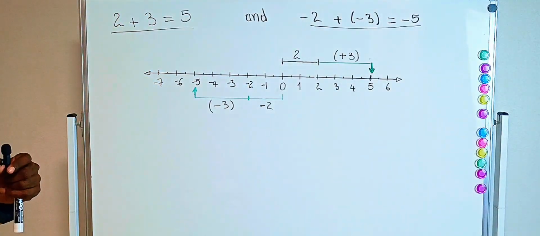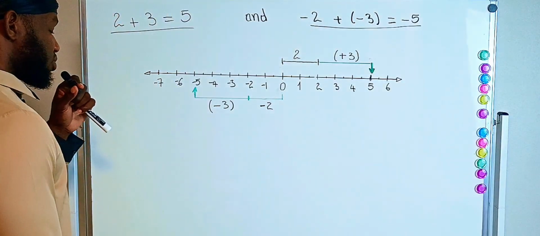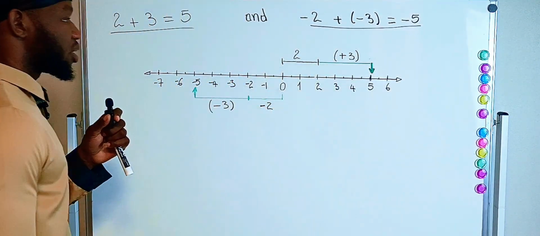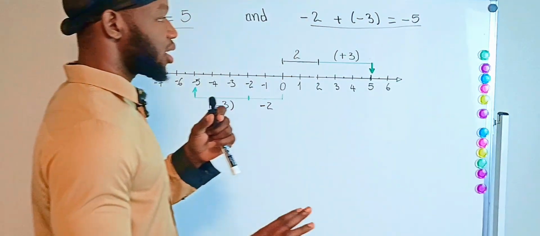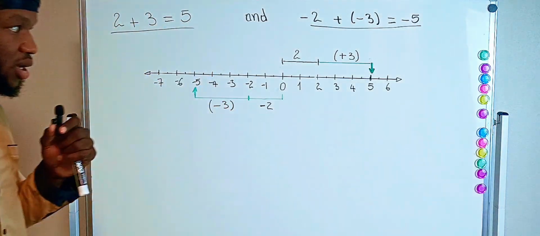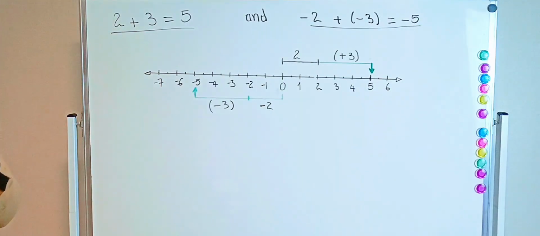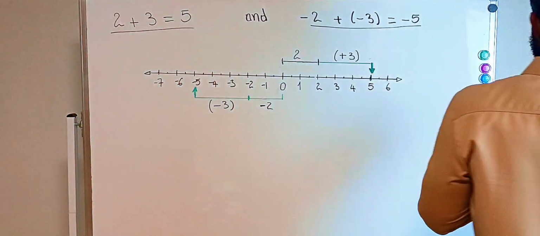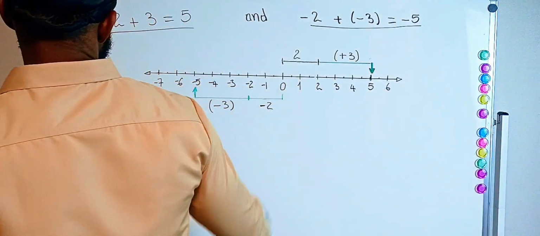You see, that means 2 is a positive number, 3 is a positive number. That means we just add them, and the result is still positive. You see, we got two positive numbers to add, so we just add them, okay, and the result is still positive.